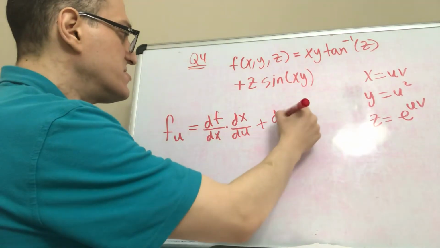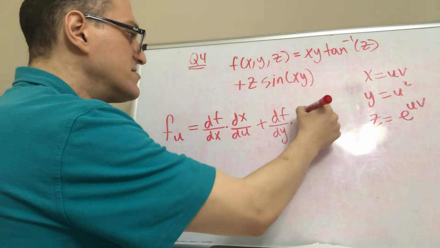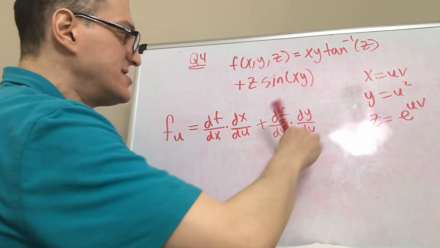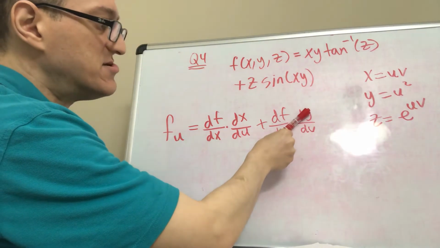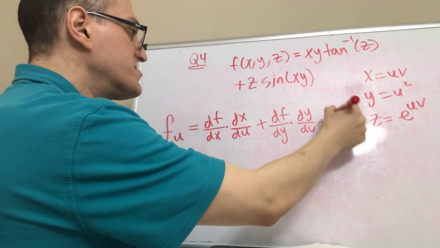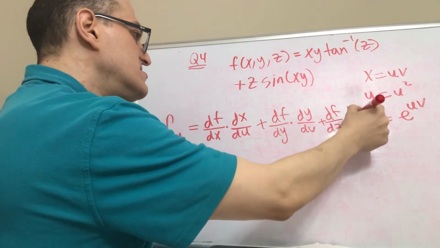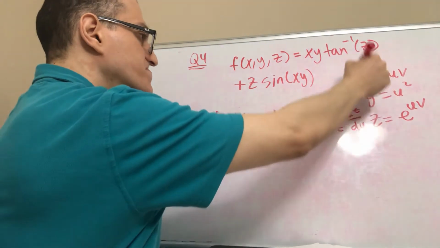And then you go, derivative of this with respect to y, and then dy over du. So again, it's the derivative with respect to u. And finally, the derivative with respect to z, dz over du.